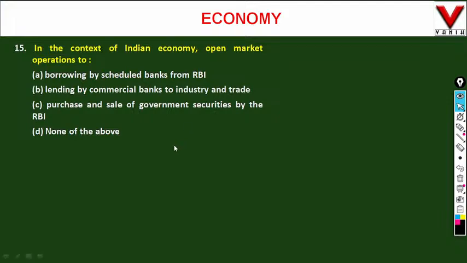What will be its answer? Anyone? Purchase and sale of government securities by RBI? No.